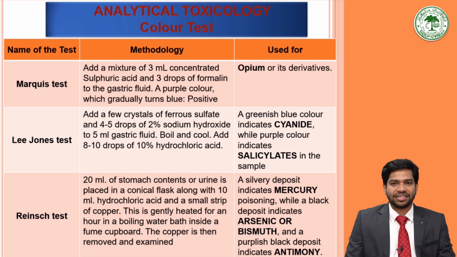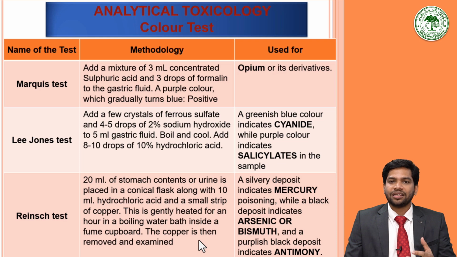Then one of the interesting tests for the metallic poison is the Reinsch test. Here 20 ml of the stomach content or urine is placed in the conical flask along with 10 ml of HCl and a small strip of copper. This is gently heated for an hour in a boiling water bath inside a fume cupboard.